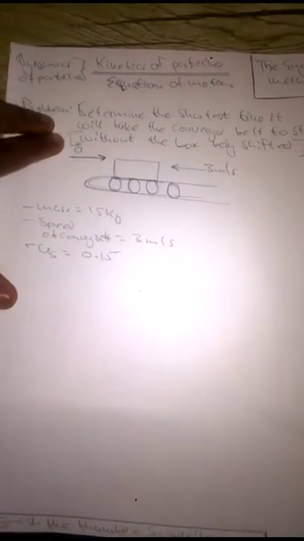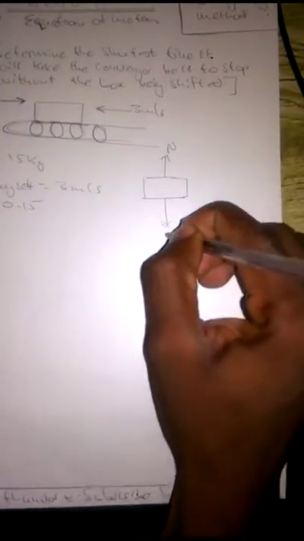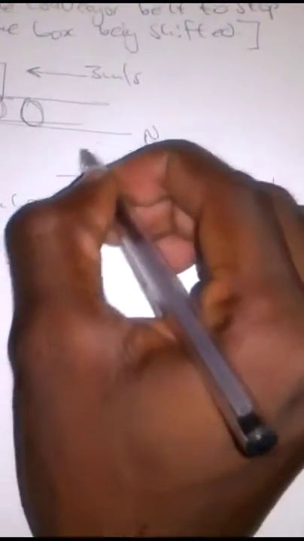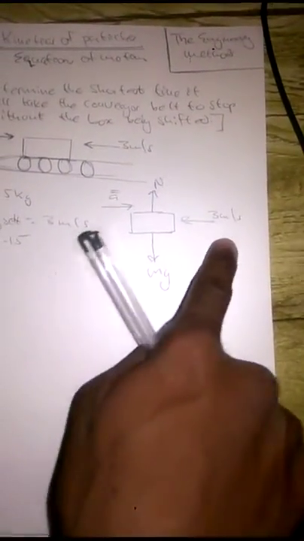Now we will go back to this statement, without the box being shifted. The free body diagram of our box will look like this. We have the normal reaction force, the weight, which is mg, and of course we have a force in this direction, and the acceleration in this direction, because obviously the speed is reducing.